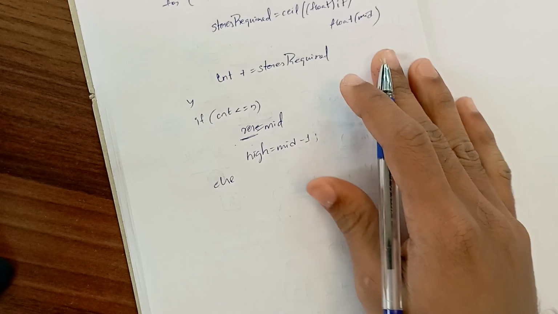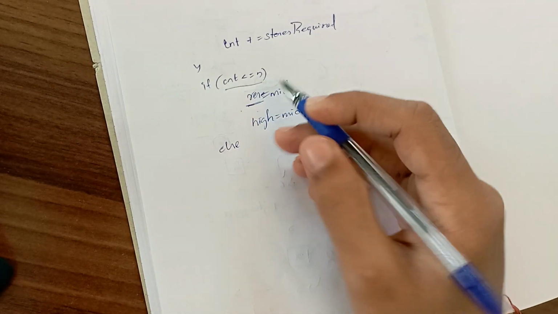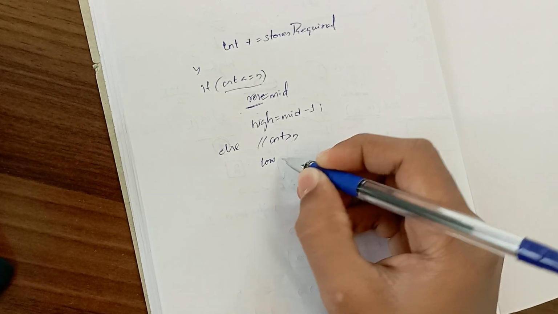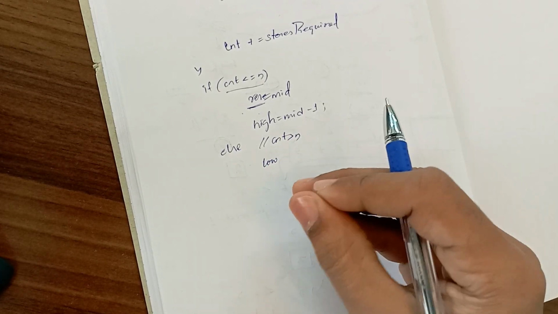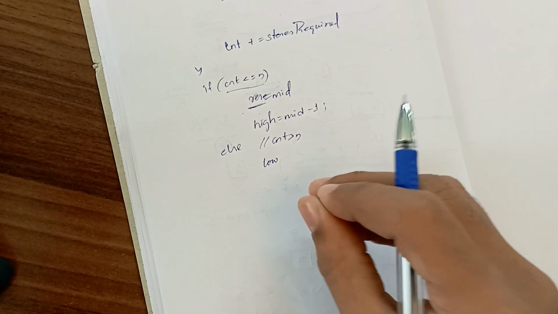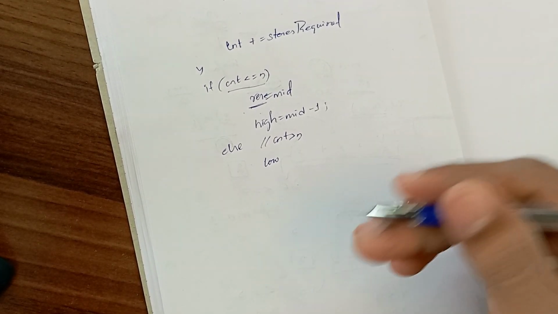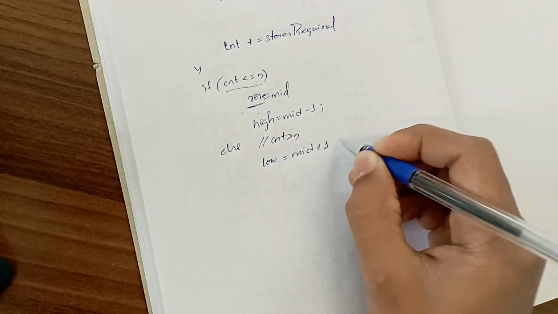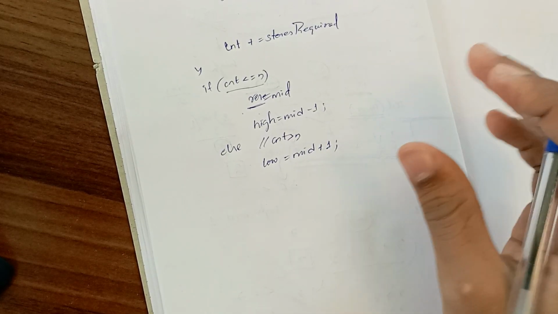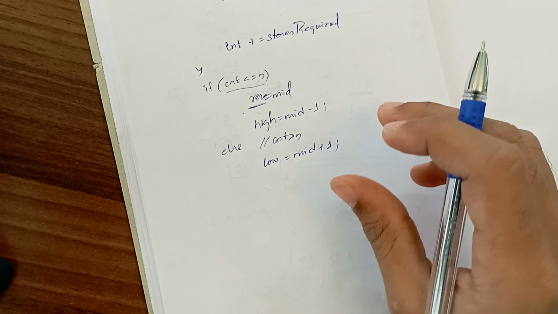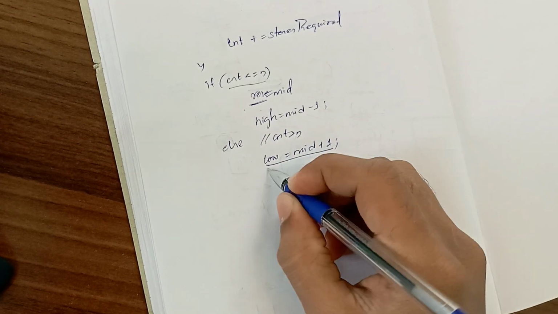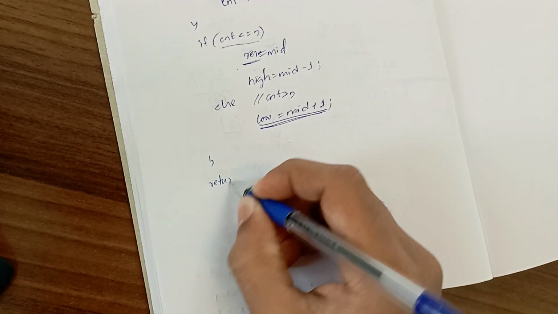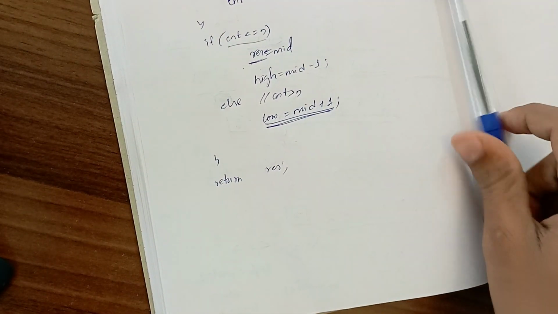Else, if it is not satisfied, count will be greater than n, then we need to use less amount of items to distribute to the stores. That means we come back, we make low equal to mid plus 1, and then we return our result here. Thank you.